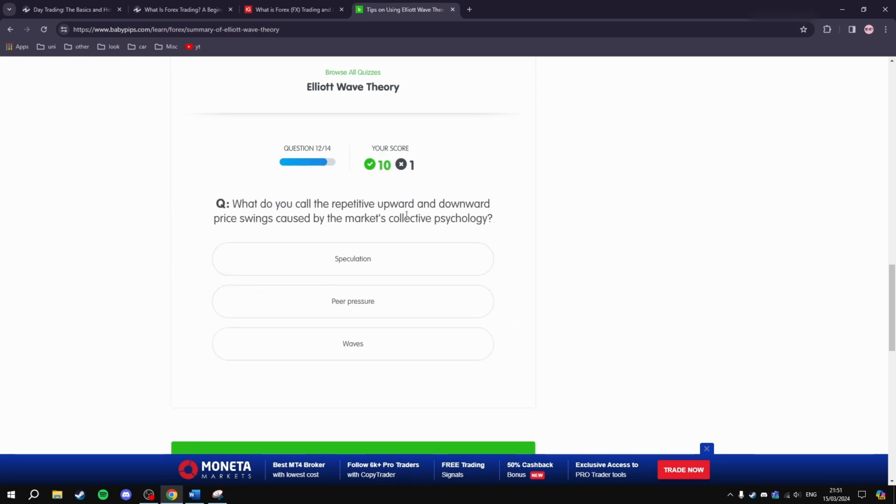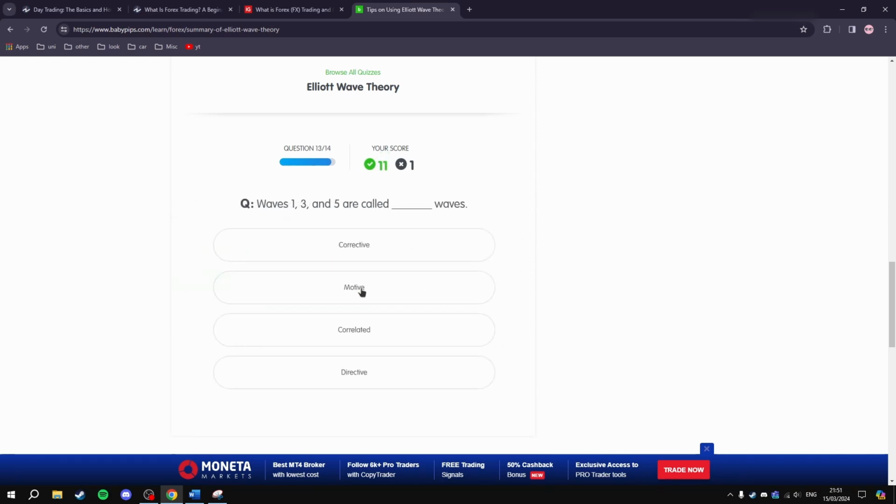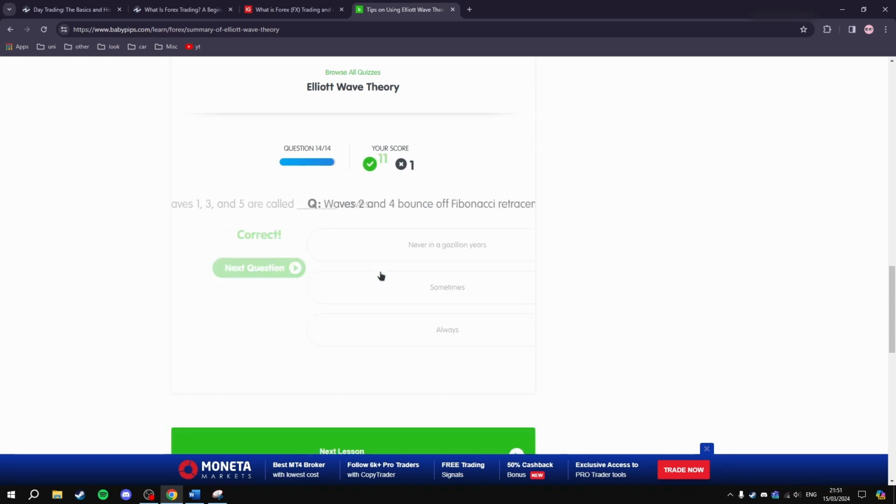What do you call the repetitive upward and downward price swings caused by the market's collective psychology? Waves. Waves 1, 3, and 5 are called motive. Waves 2 and 4 bounce off Fibonacci retracement levels, sometimes.